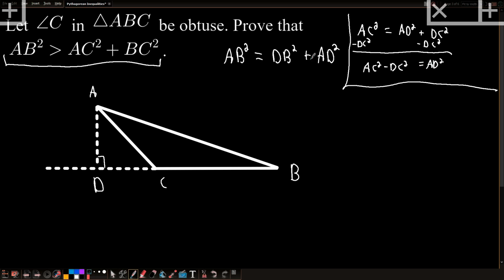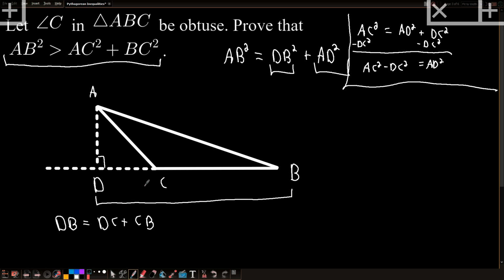So now I have something in terms of AD. Well, what can I put in terms of DB? Looking at the diagram, I know that DB is equivalent to DC plus CB, because DB makes up the entire side, whereas DC and CB make up the two portions.